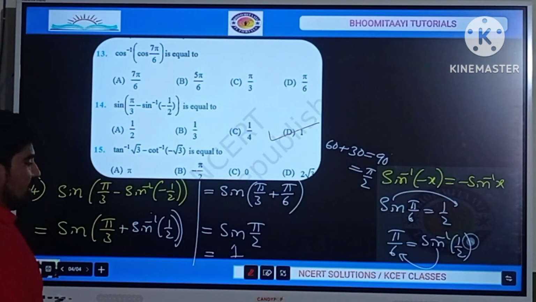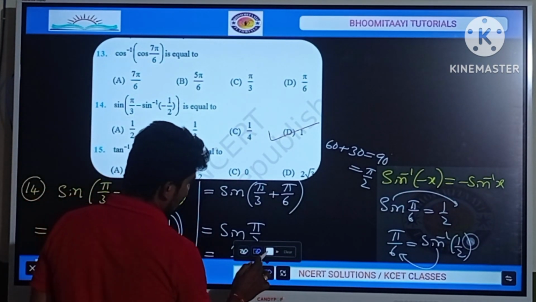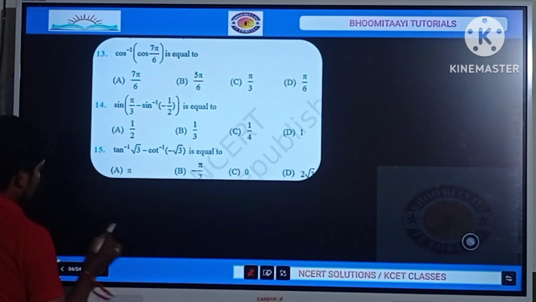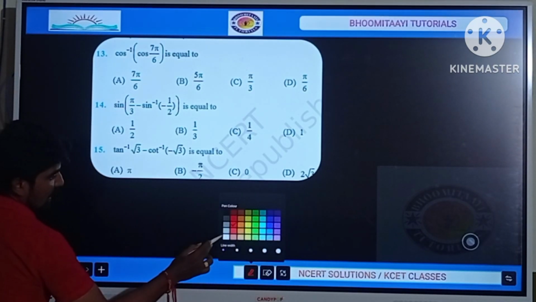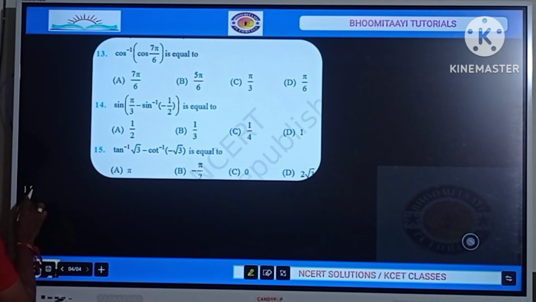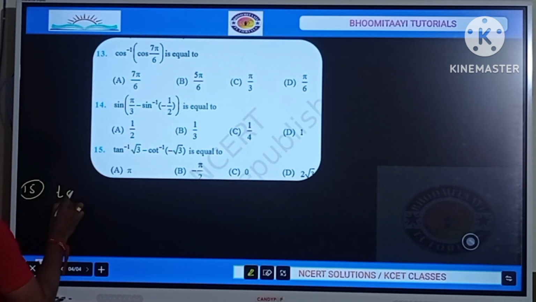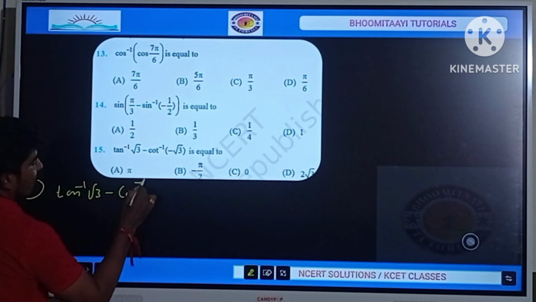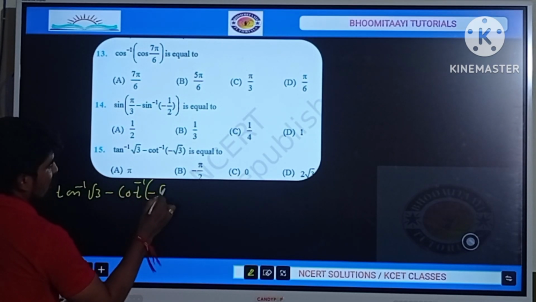Question number 15. What is question number 15 here? Value of tan inverse root 3 minus cot inverse of minus root 3.